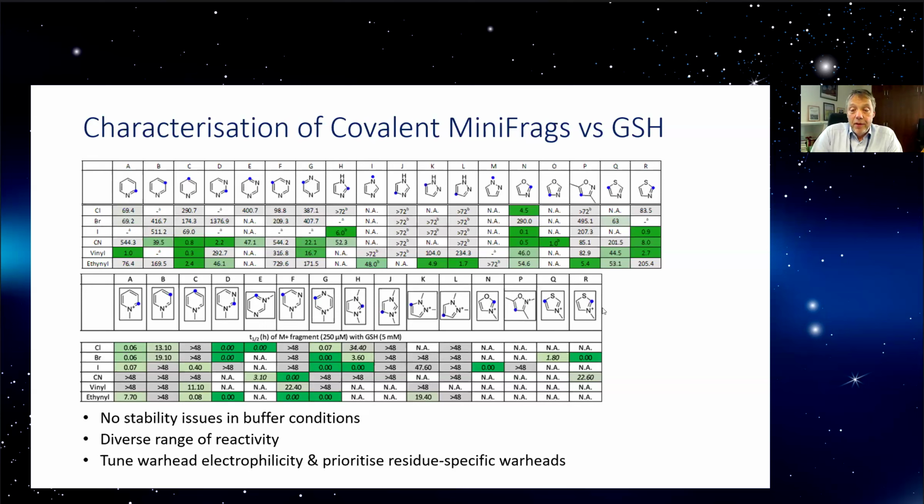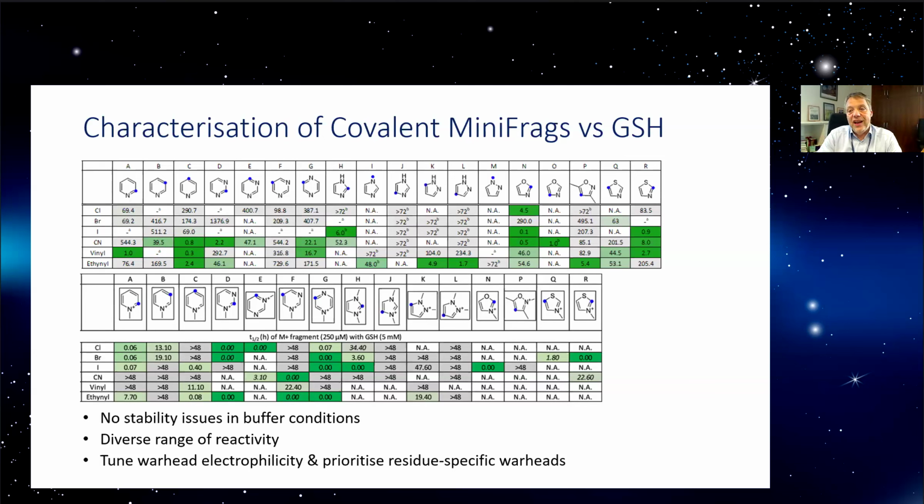A pretty similar table is available for the N-methylated analogs here. And those fragments that showed some significant reactivity against GSH are colored green. And you can see that we were able to identify reactive fragments in both the non-methylated and the methylated versions of these small heterocycles. The good news was that there were no stability issues detected in buffer conditions when we tested the fragments against GSH.